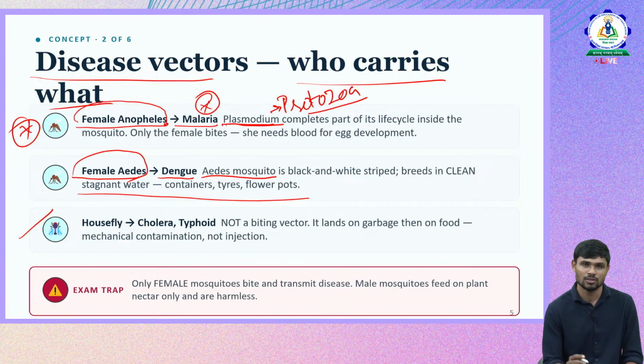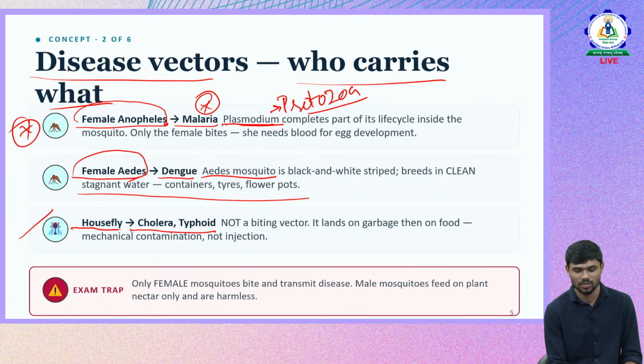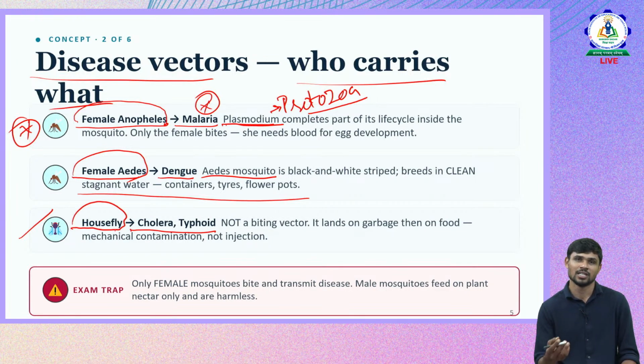Then houseflies are also carriers. What do they carry? Cholera and typhoid bacteria. Mostly we get cholera and typhoid due to contamination of food and water. This contamination might happen because of the housefly, because it doesn't directly cause cholera and typhoid. It carries the bacteria to the food and water and contaminates it, and when we take that food, we are affected with cholera and typhoid.